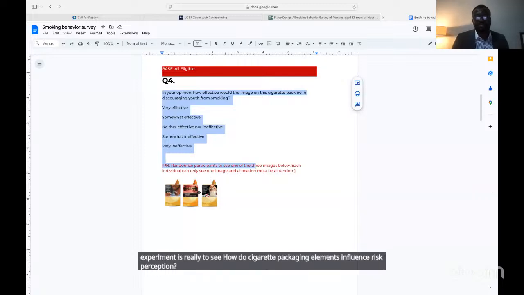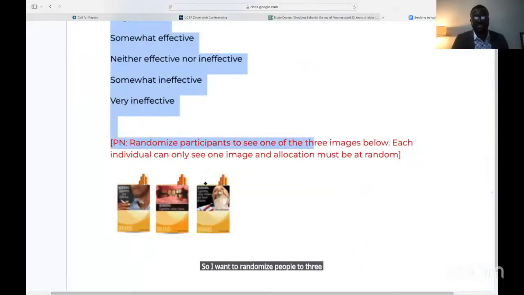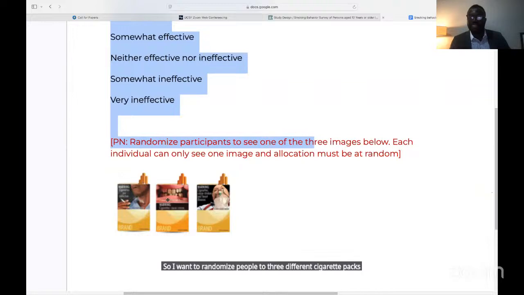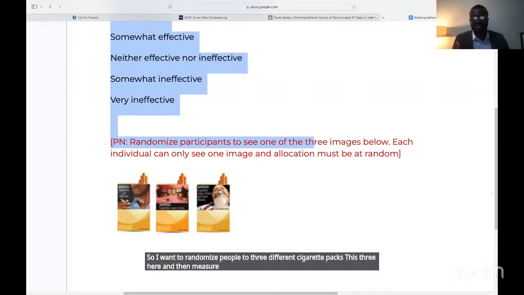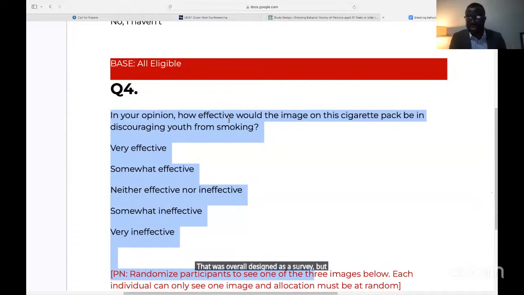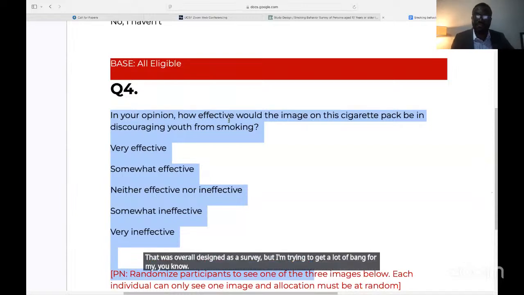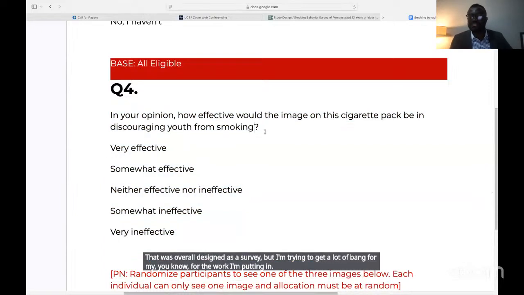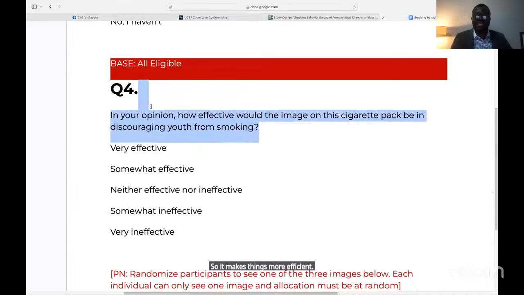So I want to randomize people to 3 different cigarette packs, this 3 here, and then measure the impact of what they were randomized to on this answer, right? So in this case, this is an experiment being nested within a survey. Because overall the design is a survey, but I'm trying to get a lot of bang for the work I'm putting in.